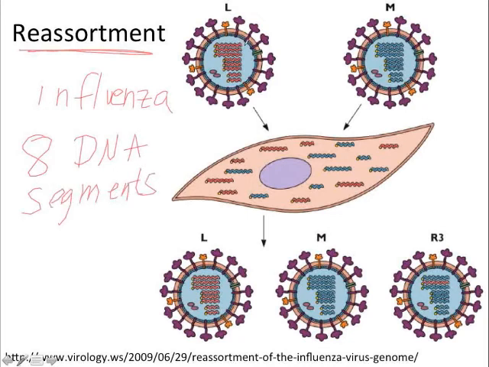So you've got 1 DNA segment, a second DNA segment. If you count them, there's 8 disjoint DNA segments. Well, you might get infected by 2 different influenza viruses. This does happen. And so you might get sick from 2 different ones.